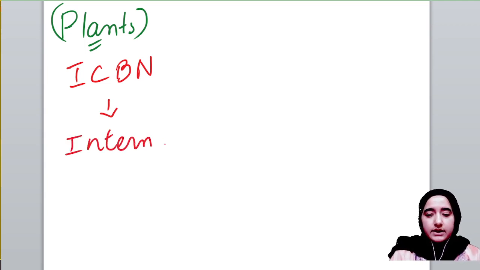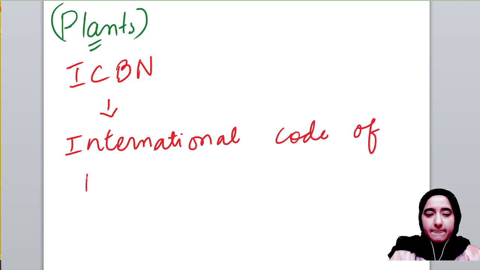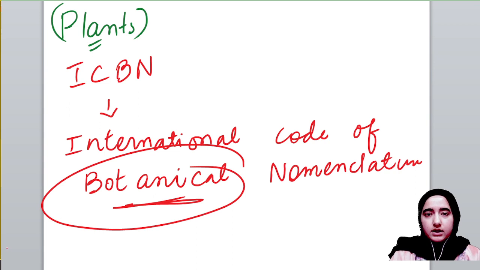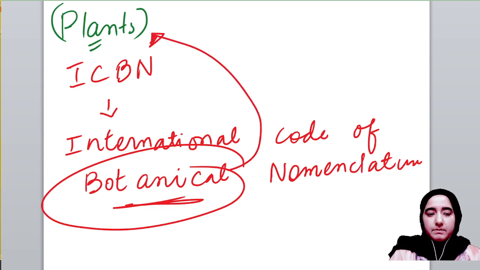It means International Code of Botanical Nomenclature. It includes botanical naming. That means this name is related to plants.